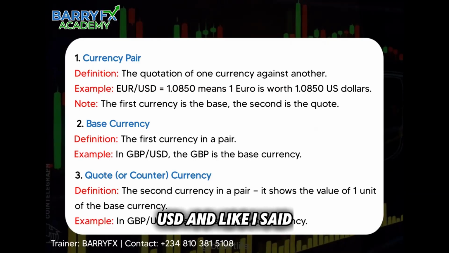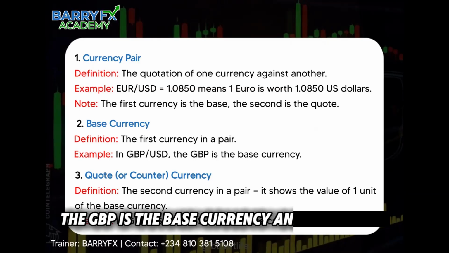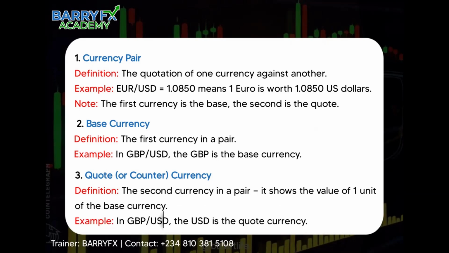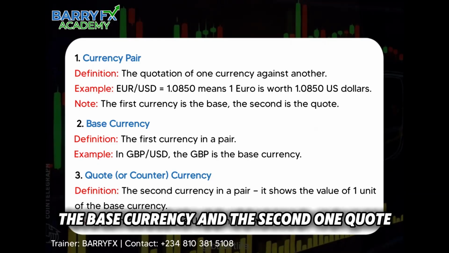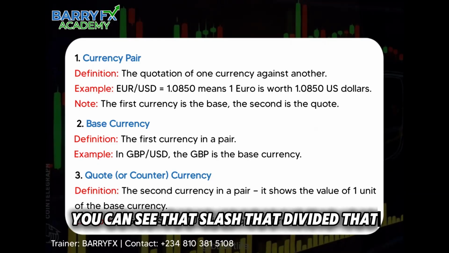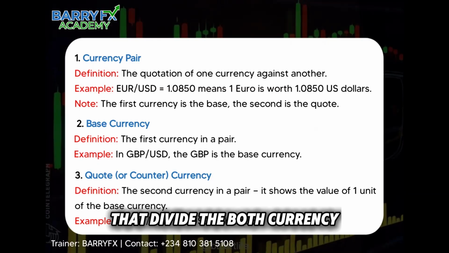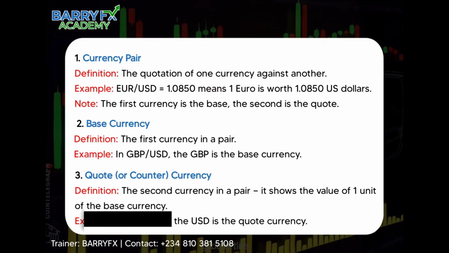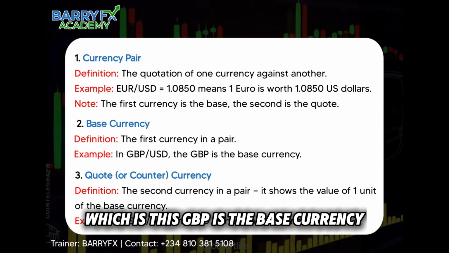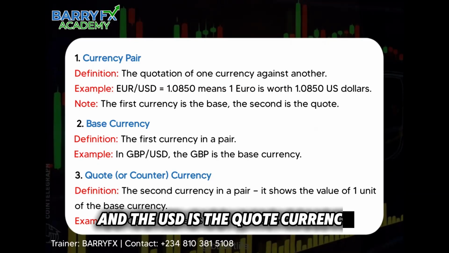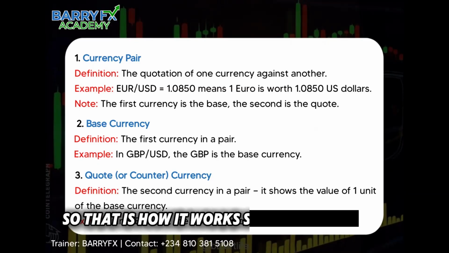And like I said, the GBP is the base currency, and the USD is the quote currency. The one that comes first is the base currency, and the second one is the quote currency. You can see that slash that divides both currencies. So that is how it works.